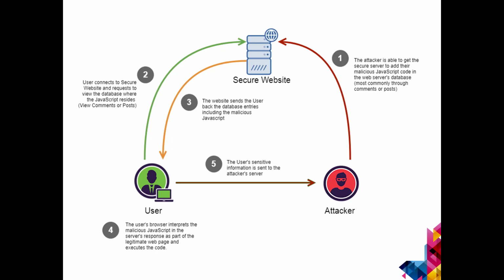Once the user executes the code, they send the sensitive information either to the server itself or directly to the attacker. So the information is sent in 2 ways, and then it is gained by the attackers or hackers.